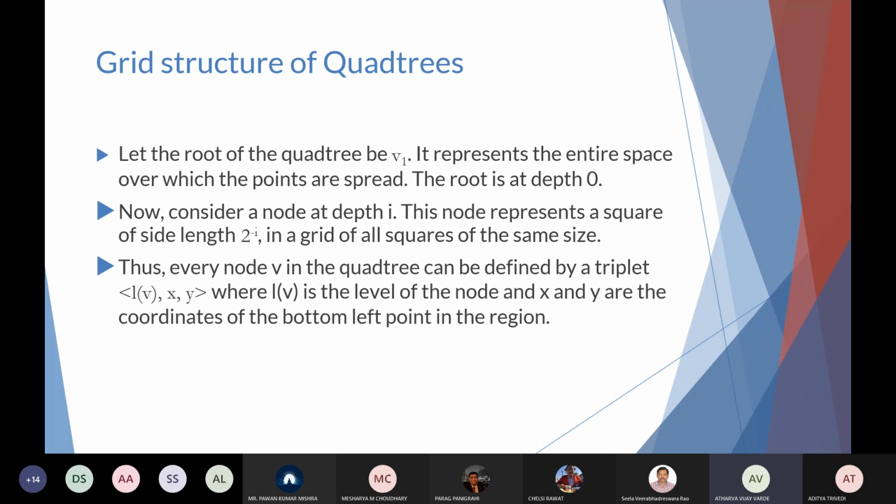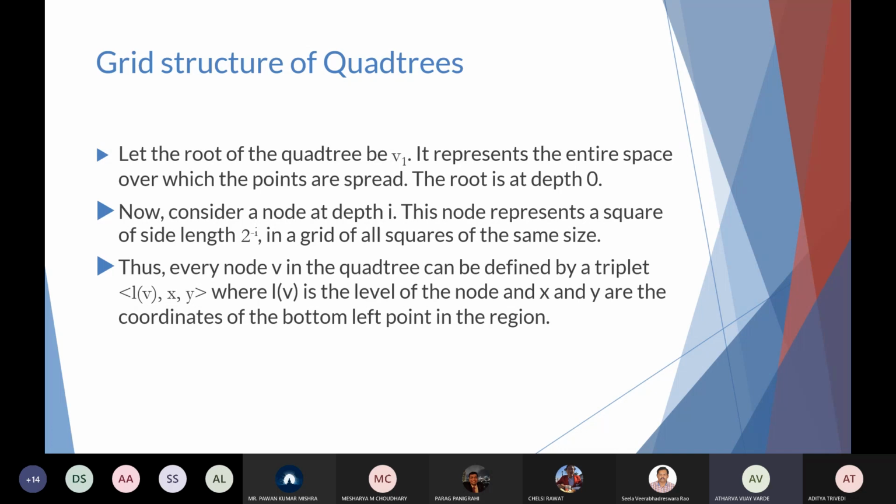So this is a way of looking at quadtrees. As you might have seen, in a quadtree structure a grid is formed, and not just one grid; a various number of grids are formed, each with differing levels. So what does a grid of level i mean? As I discussed earlier, a node at depth i represents a square of side length 2 raised to minus i, that is, a node obtained on splitting the unit square i times.